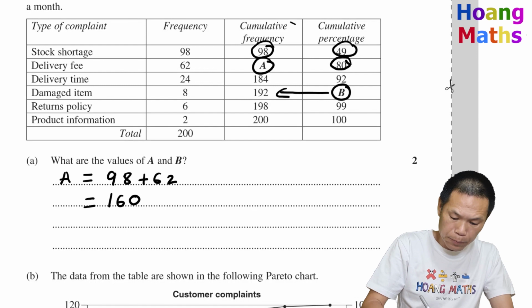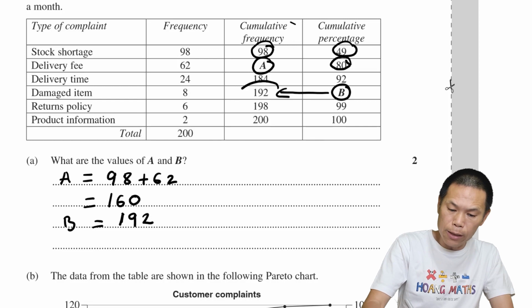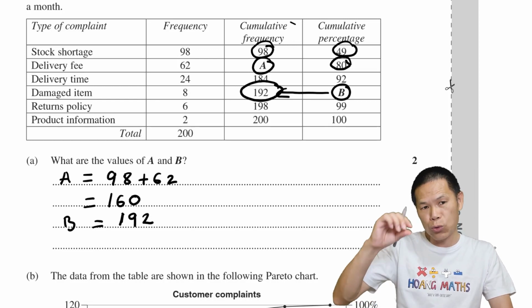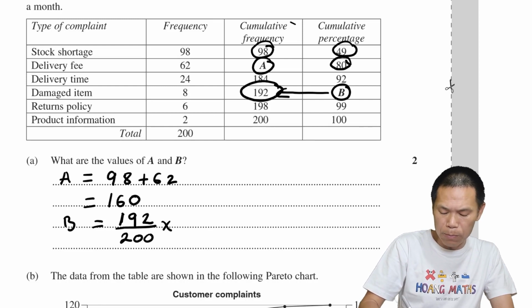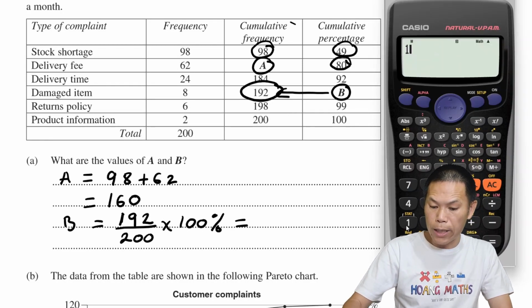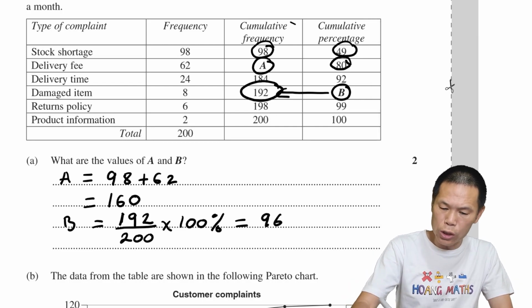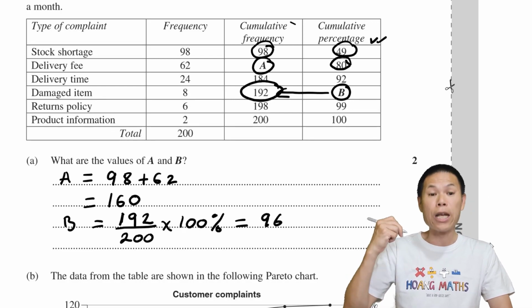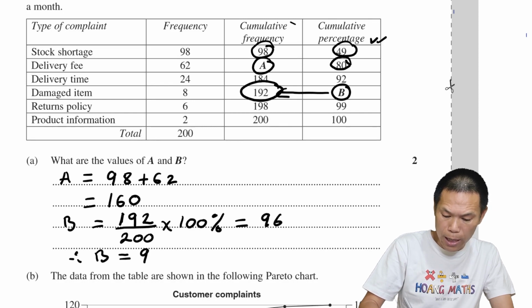That is 192, the cumulative frequency. We just want to convert to percentage, so we divide by 200 and times by 100%. So 192 divided by 200 times 100 gives 96%. Because it's already a percentage here, we just write 96. So therefore, B is 96.